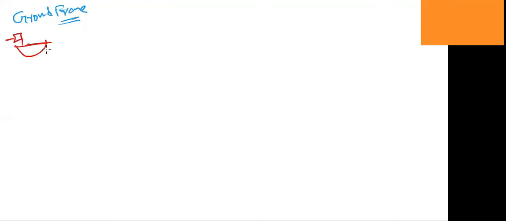From point A, it started, meaning it overtook the raft, and then it moved for 60 minutes, tau equals 60 minutes, or say tau equals 1 hour.